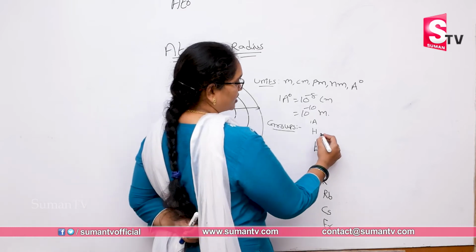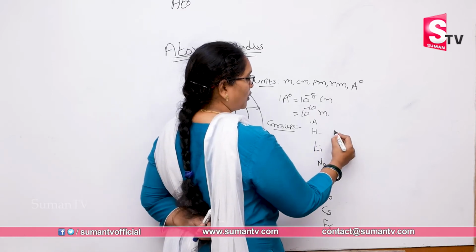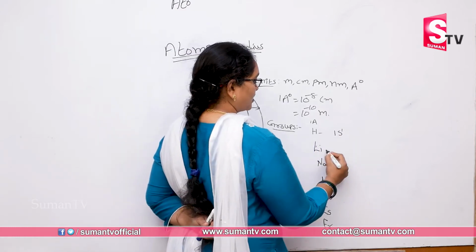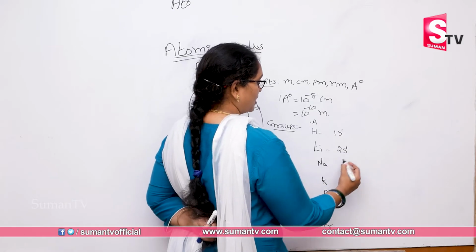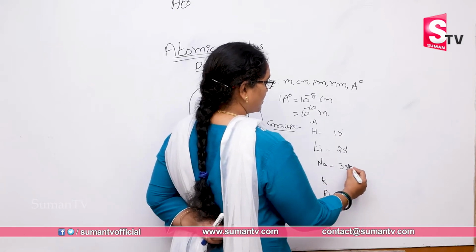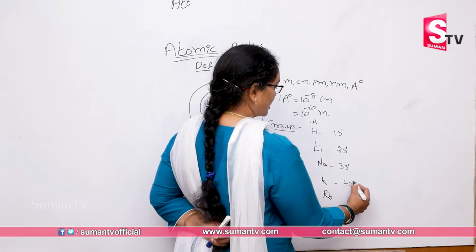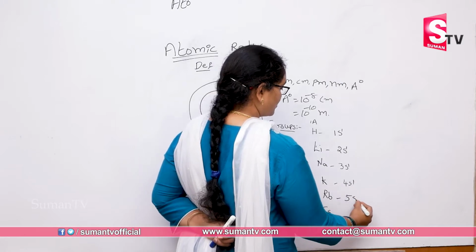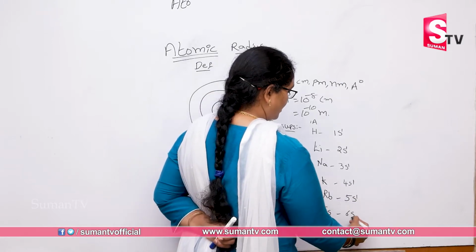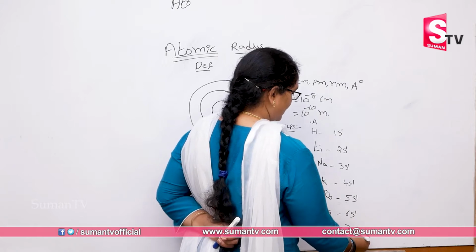Writing only the outer shell configuration: hydrogen 1s1, lithium 2s1, sodium 3s1, potassium 4s1, rubidium 5s1, cesium 6s1, and francium 7s1.